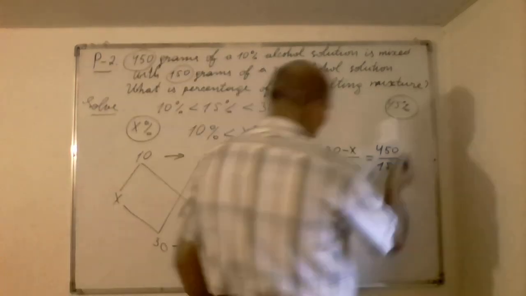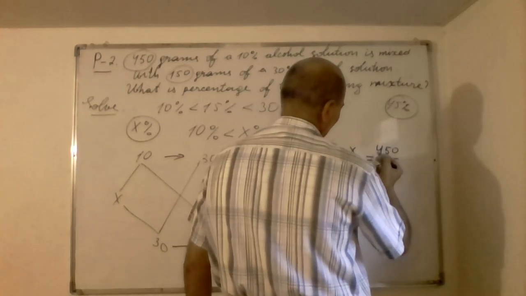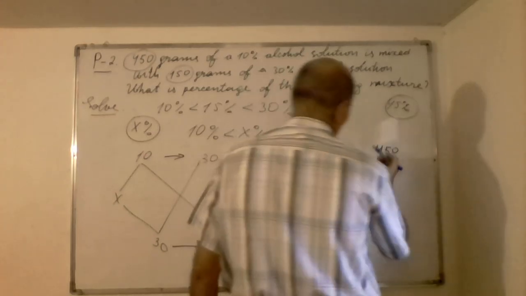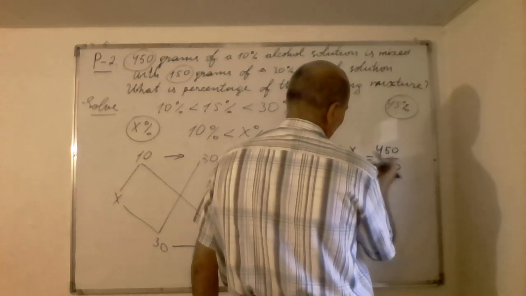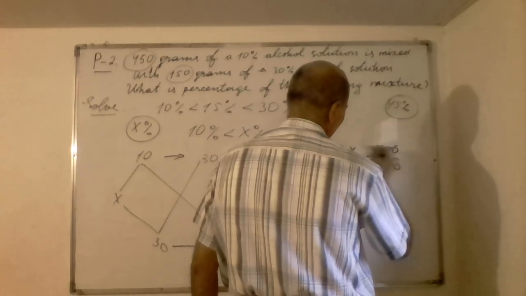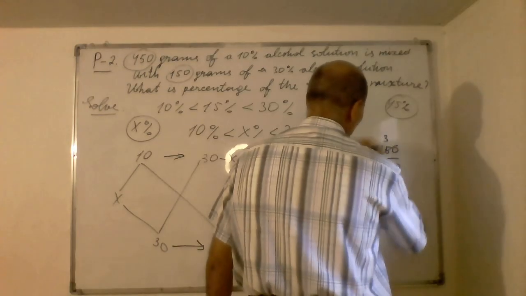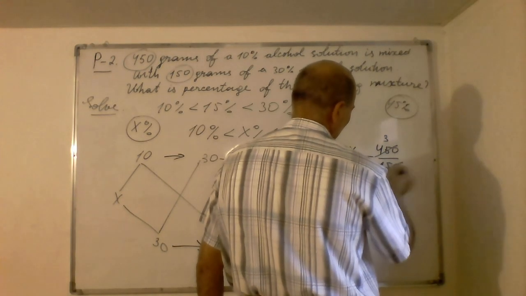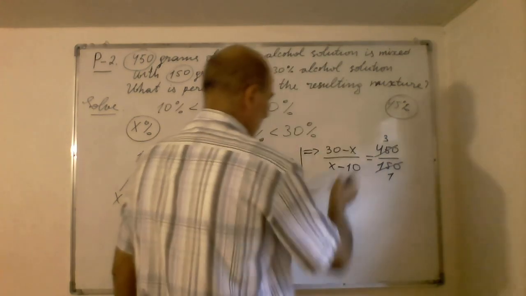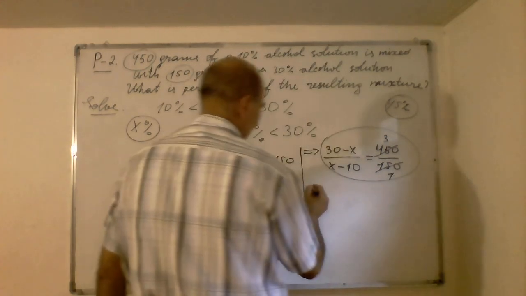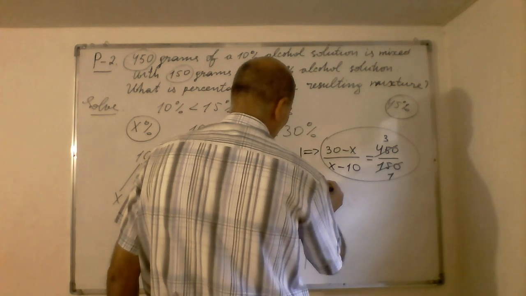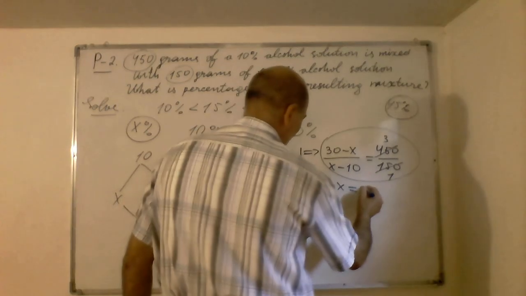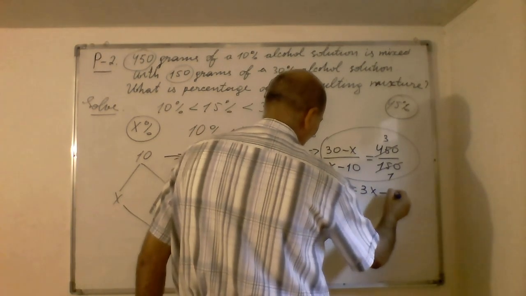And here 450 divided by 150 is 3. 150 divided by 150 is 1. And from this equation we can write 30 minus x equals 3x minus 30.